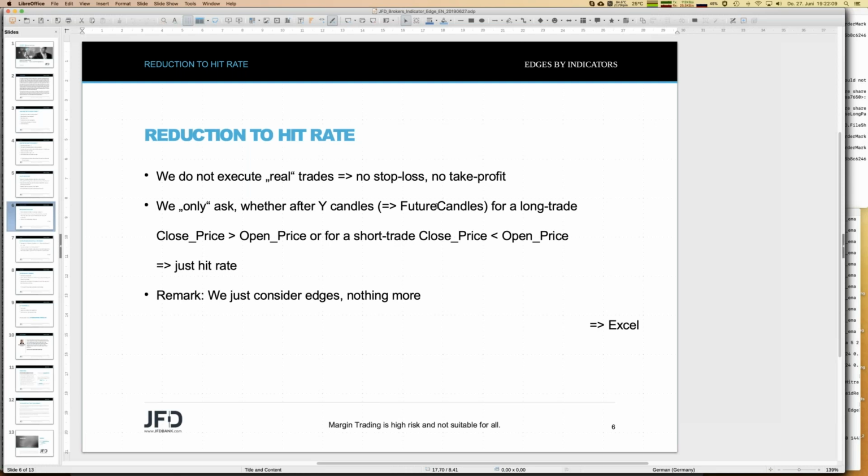But including costs, as a rule of thumb, it's about 52%. Then you can have positive trades for risk-reward ratios of exactly 1:1. So once again, we just consider edges, nothing more.